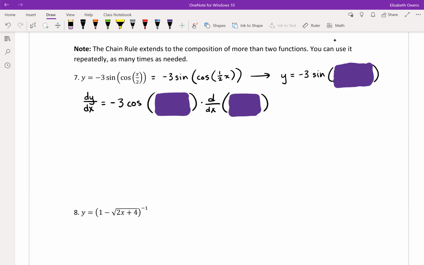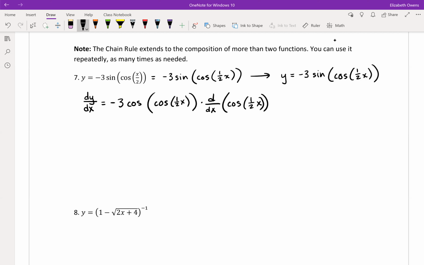What's underneath is cosine of 1/2 x, and that's what goes in for the purple rectangle in this derivative: cosine of 1/2 x.